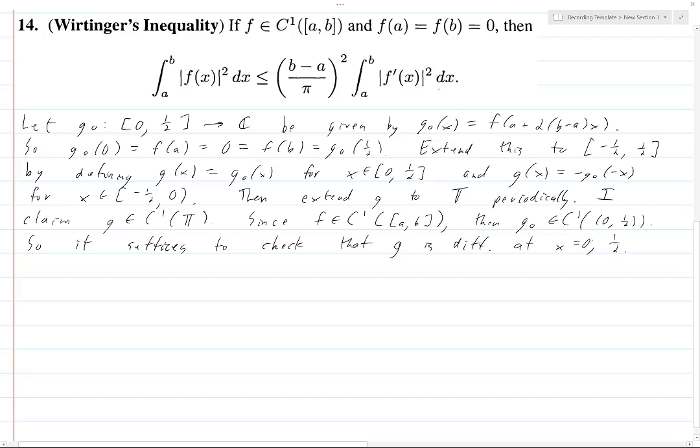Because if it works at 0 and 1/2, then you just move the result around the whole real line, torus, whatever. If you work it out at 0 and 1/2, then because of our extension, it'll be fine.